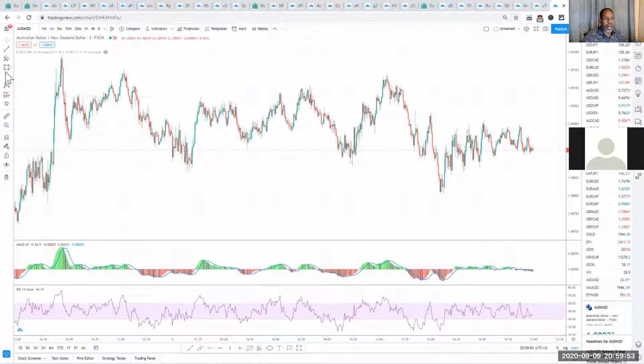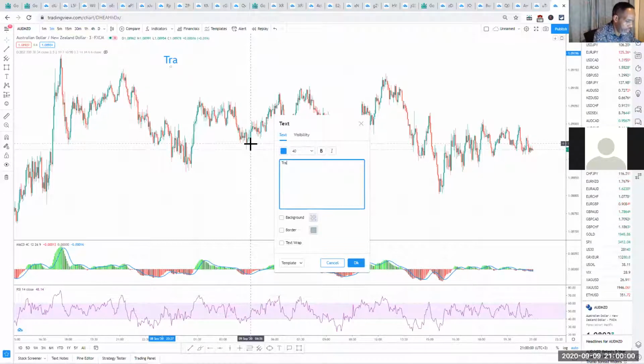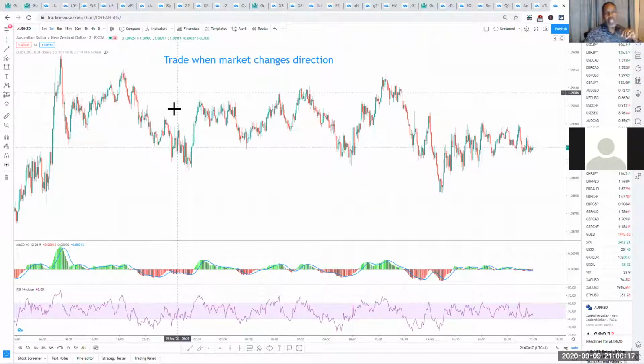In HFX, we trade when the market changes direction. If we can know when the market changes direction, then we will make money.